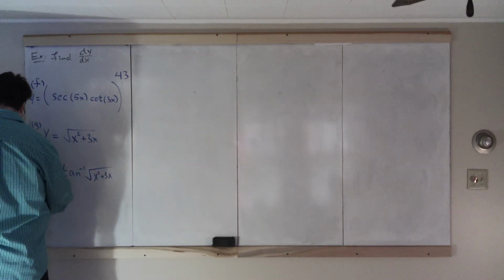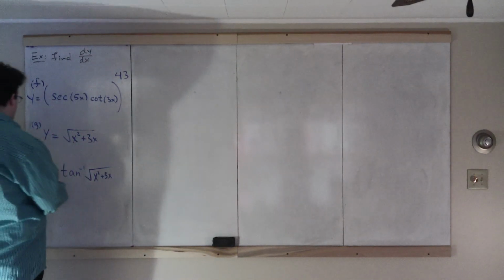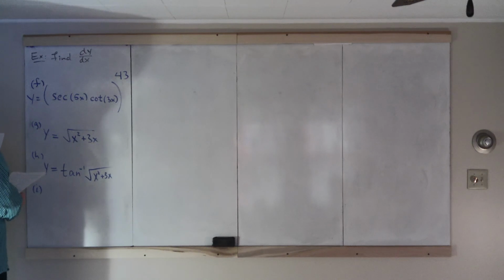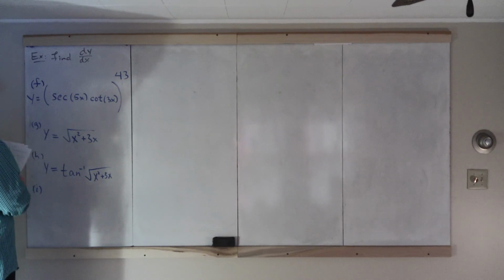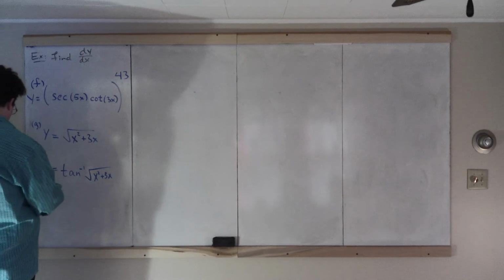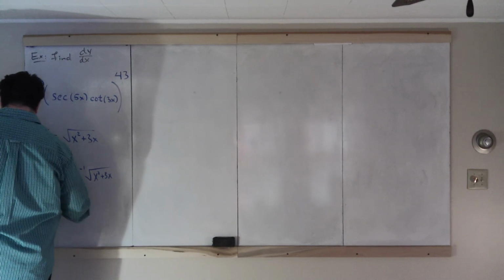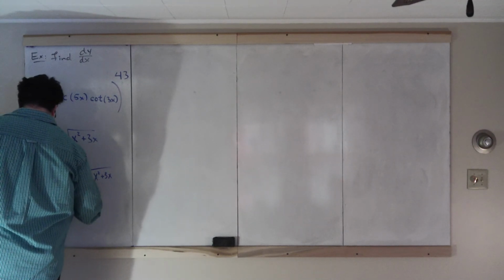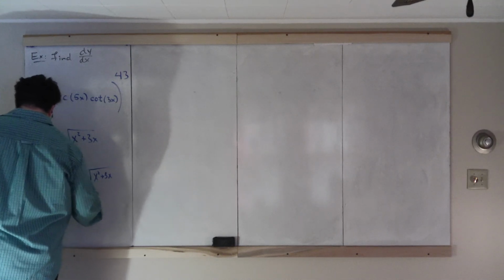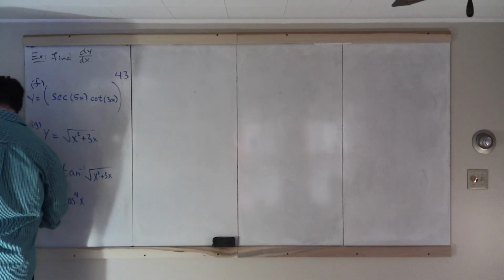And let's do an I. I would be, how about, did all those? y equals cosine to the 4th of x, and let's do a J.